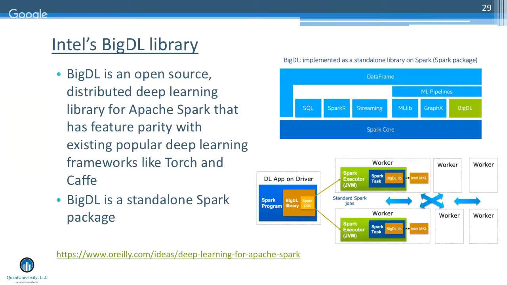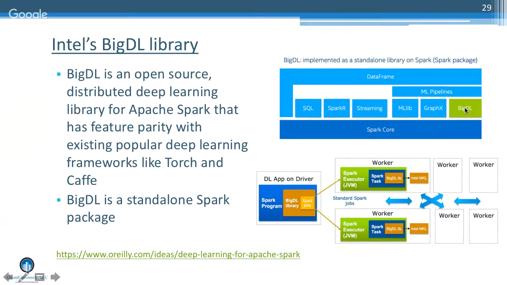One other: Intel typically has its own architecture. I haven't included any of the Nervana stuff in here on the deep neural side, but they have what's called BigDL, which is an open source distributed package for Apache Spark. They're talking about feature parity with Torch and Caffe. If you get this BigDL, you can take your Spark core and install it as a Spark package.